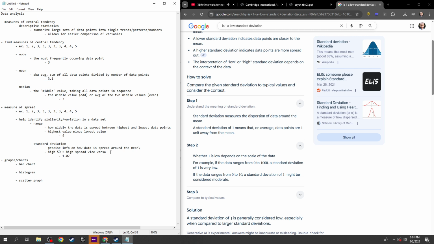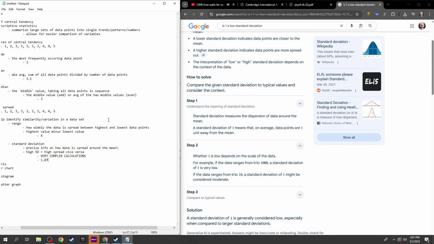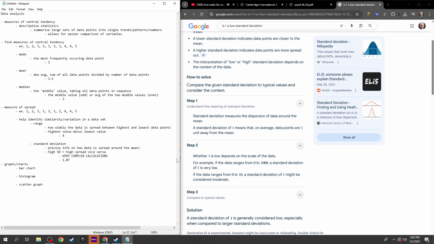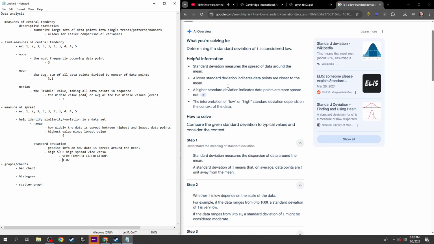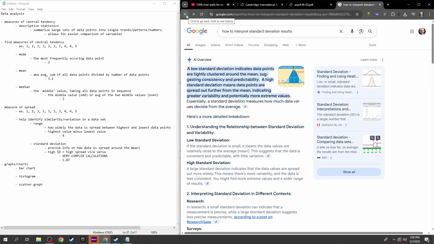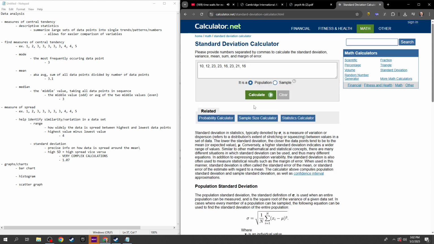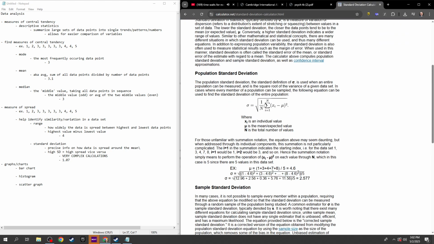Right? We'll just write here. Very complex calculation. But it's 1.07. It's plus minus 1.07, right? Is how you're supposed to write it. I wonder if I can find the plus minus symbol here.